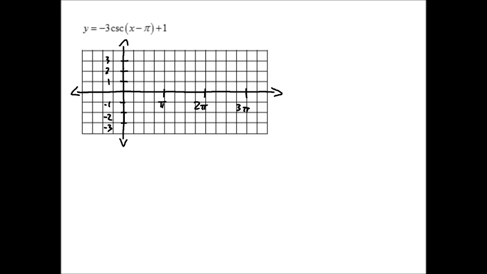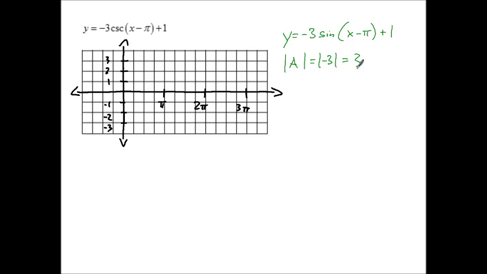Cosecant function again means that our corresponding function, reciprocal function, is y is equal to negative 3 sine of x minus pi plus 1. We have an amplitude of absolute value of negative 3, which is 3.